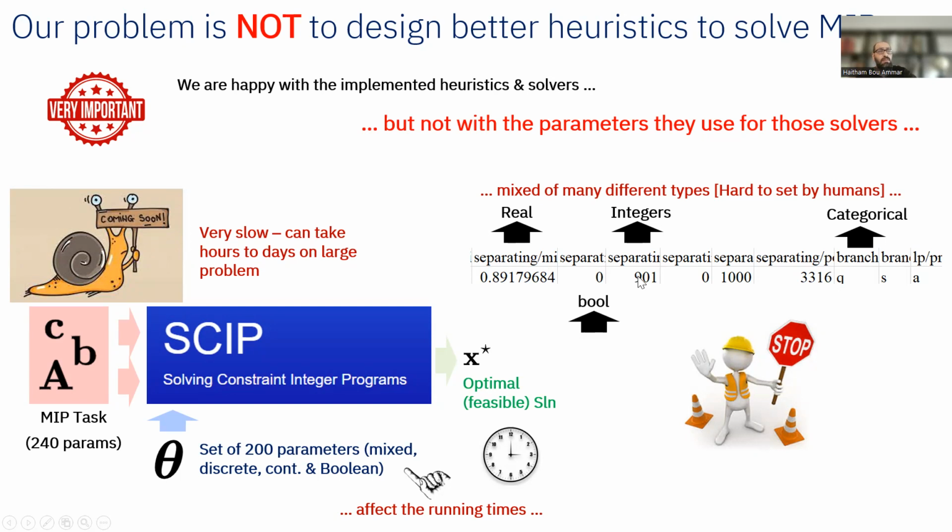There are variables in theta which are integers, and there are variables which are even categorical. So it takes a lot for human experts to set those hyperparameters right. And it's an extremely important problem, because if you set those parameters correctly, then you might improve the performance of this SCIP solver.